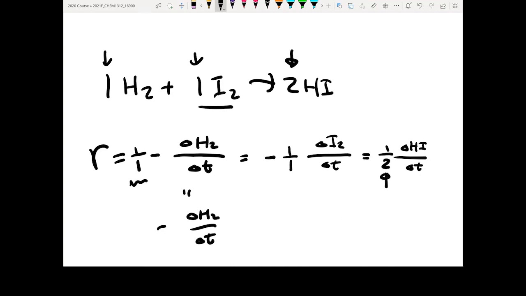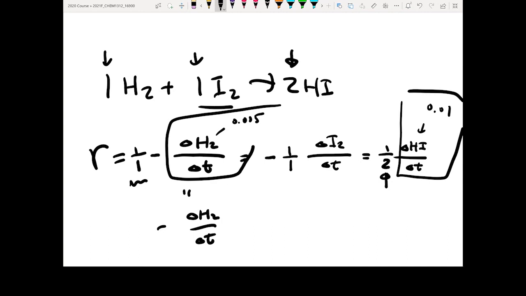Once you do this correction using the coefficient, you're going to get a single number. Previously we said this is actually 0.005, and this is actually 0.01. If you divide this number by half, then everybody will be the same.